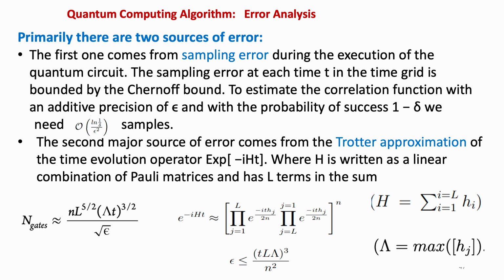The other source of error, of course, is the propagation of exponential e to the Ht, and we went to second order in the Trotter approximation. So these are the approximations that we did in these calculations. Of course, you can go beyond second order, but in this calculation we went only to second order.